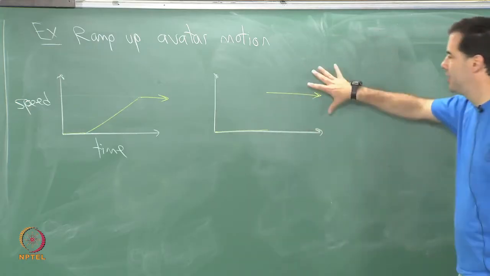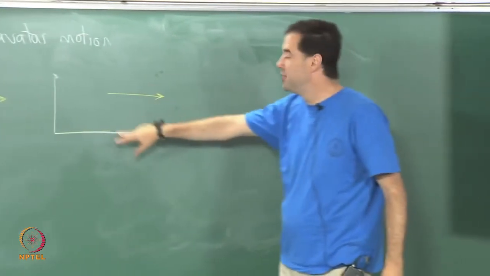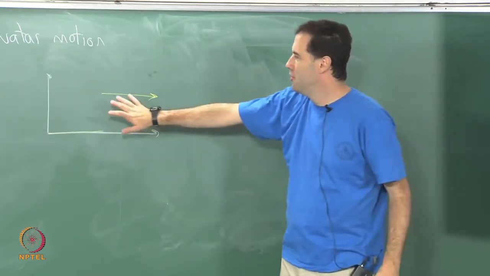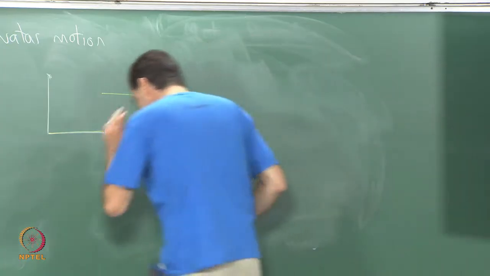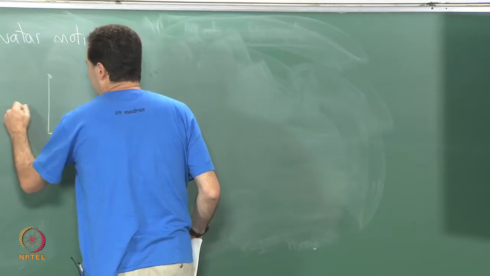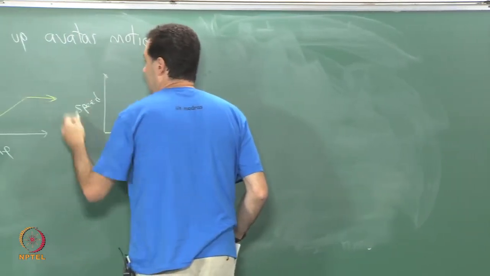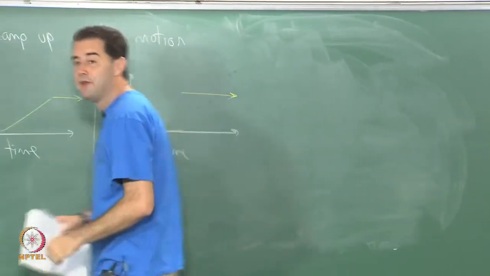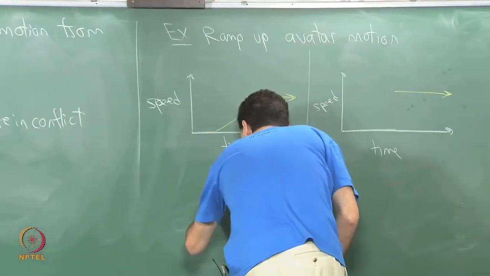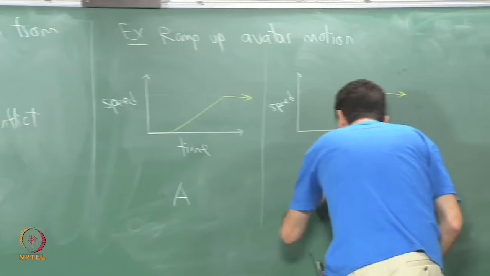So this one corresponds not at all to the real world, because normally you cannot accelerate at an infinite rate, right? But this is what you could do. So you just pulse and all of a sudden, bam, you're walking at full speed. Which one of these is a more comfortable experience for virtual reality? Let's call this scenario A, scenario B.